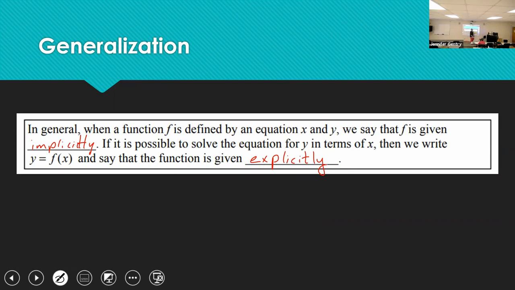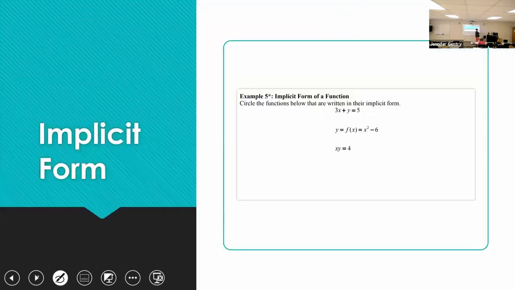That's okay. One more example, example 5. So we just said implicit and explicit, right? We've got these functions here. These don't look like how we've been seeing them, do they? I've got 3x plus y equals 5. Is that going to be implicit or explicit?